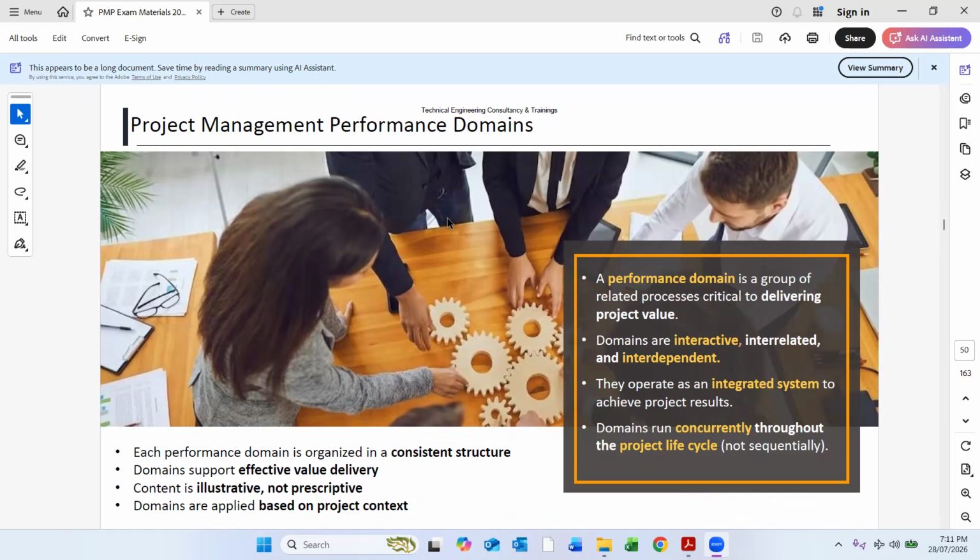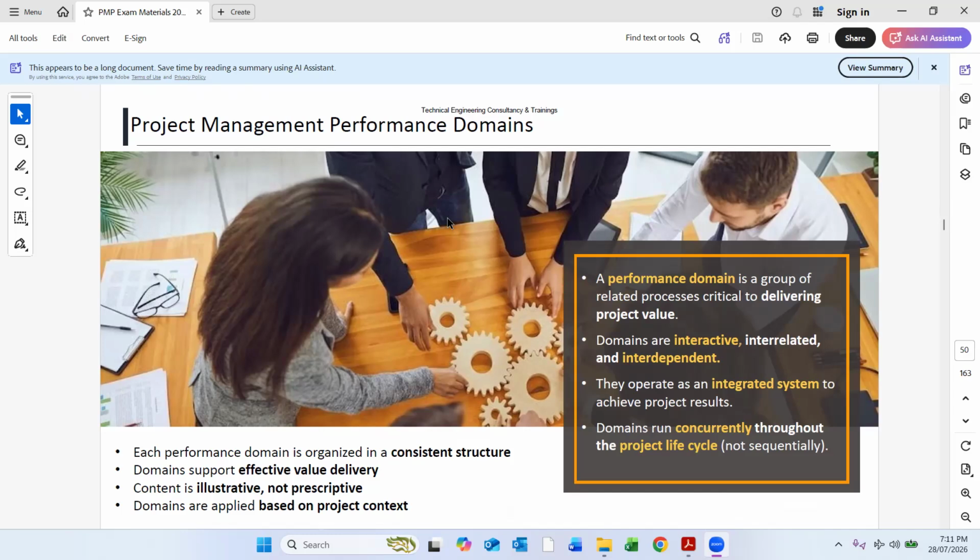Here in the project management performance domains, what is actually a performance domain? It is a group of related processes critical to deliver project value. So what is a performance domain? Can you define it in your own words? Yes, to deliver the project value.